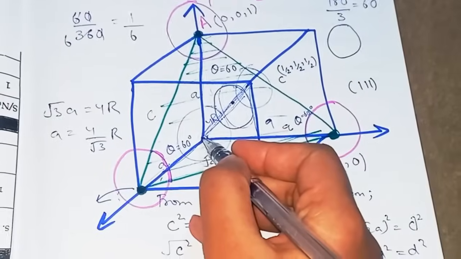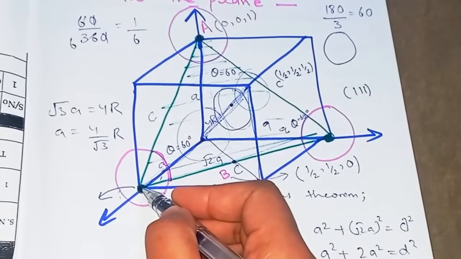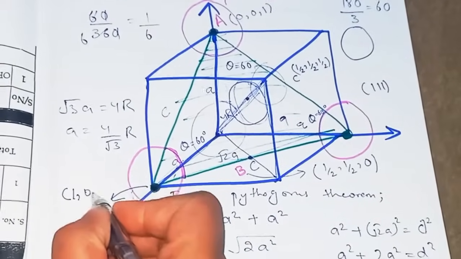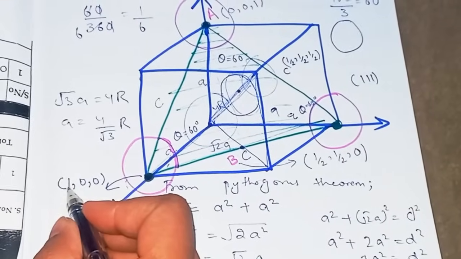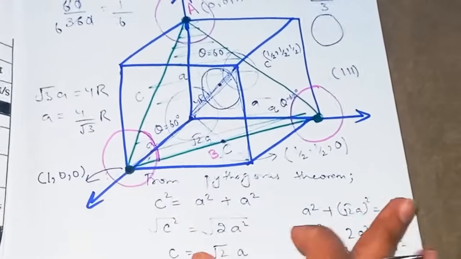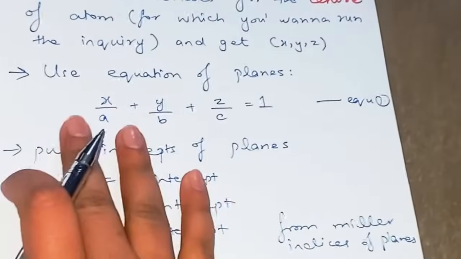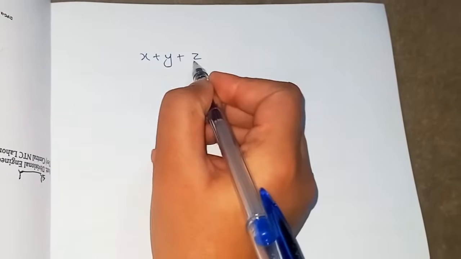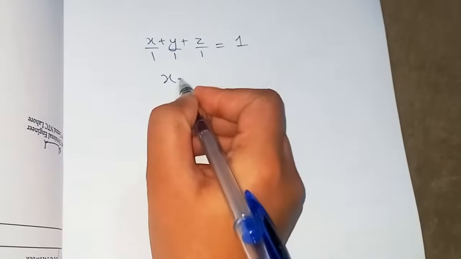So starting from origin, we'll move 1 unit along the x-axis to the other corner of the unit cell, and we have reached this point. So its coordinates are 1, 0, 0, because we don't need to move along y and z. Let's put the value in here. Since we have the same plane whose intercepts were 1, we can put the intercepts here, and we got this equation.